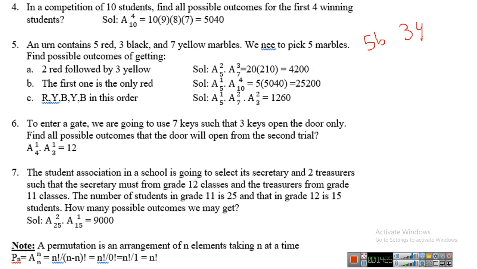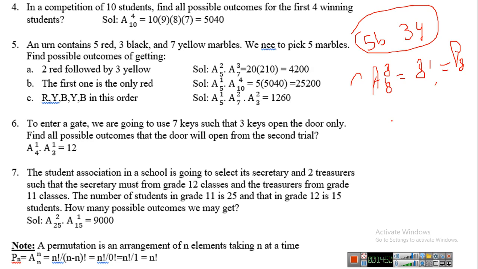I want to pick all 8 balls from this one. Where order of the draw is important, how many possible outcomes may you get? You have 8, so it will be arrangement 8 out of 8, which is 8 factorial. This is called permutation. You can write it directly as P of 8.